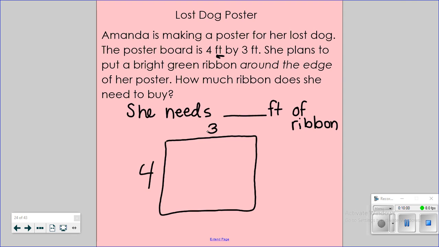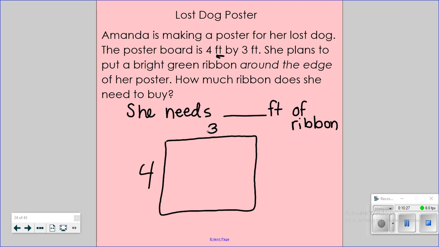What do I do now? I've got my poster. I know that I'm doing perimeter and going around the outside. What do I do now? Ethan, what do I do now? Now you are going to, like we did with the 3 by 4, shade in the sides and add all of the numbers up.